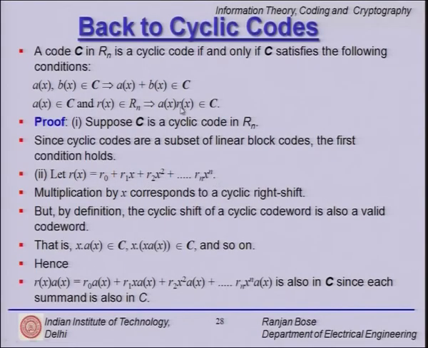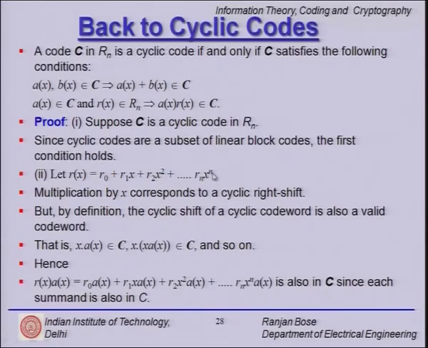So, individually, I take A(x) and multiply it with R1 x. What is multiplication with R1 x? One cyclic shift, but we know a cyclic shift of a valid code word is another valid code word. Then I multiply this valid code word A(x) with R2 x squared. x squared means 2 cyclic shifts, which is also a valid code word, and so on and so forth.